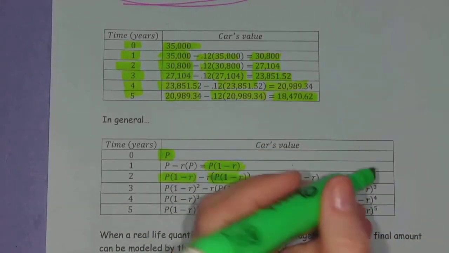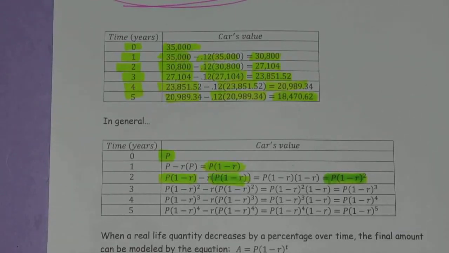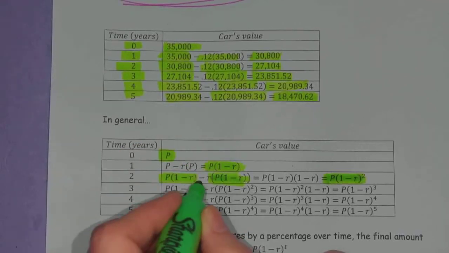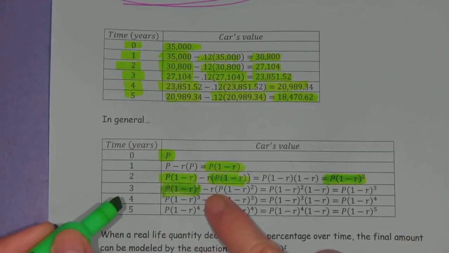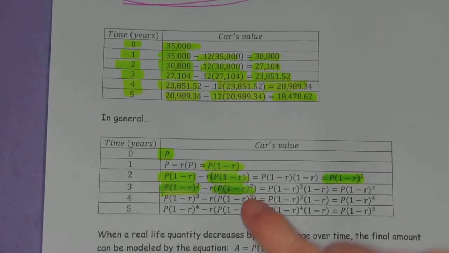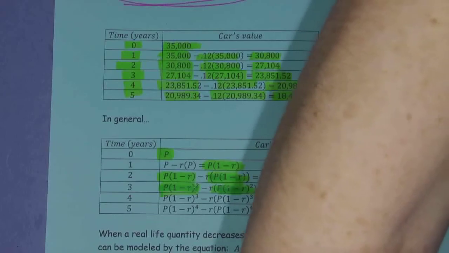We did factoring by grouping and got this. Then we take this, bring it down: P times 1 minus R squared, minus the rate times P times 1 minus R squared. And didn't we factor that? Where is that? I have it somewhere here, right here.